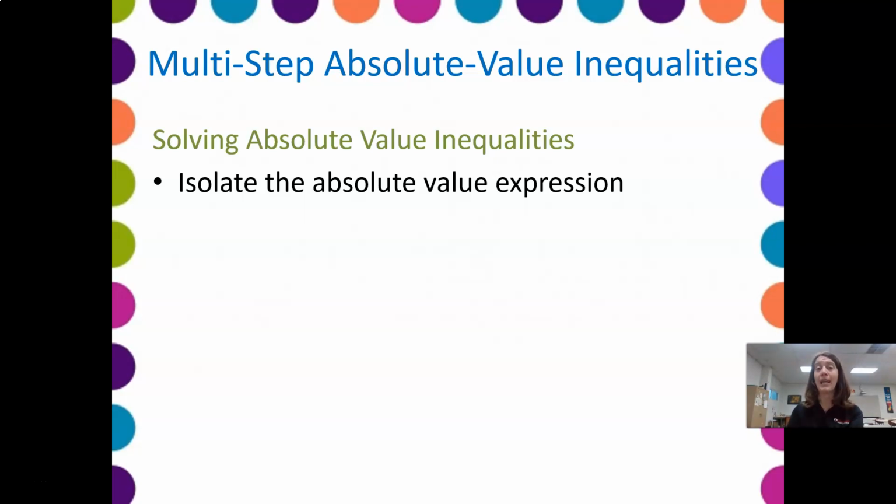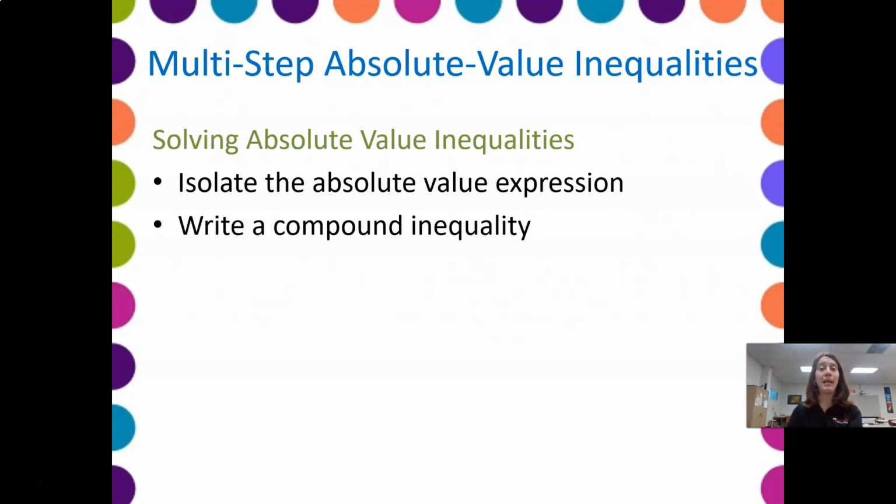There cannot be any pieces on the outside of the absolute value, but you could have extra pieces on the inside with the letter x, but there can't be any pieces on the outside of your question. Once you have your absolute value inequality completely isolated, then you wrote what we called a compound inequality. The compound inequality that we would write was dependent on if it was a less than question or if it was a greater than question.